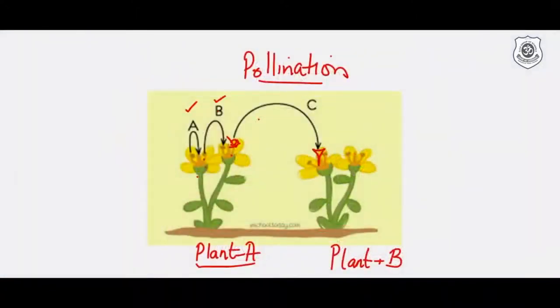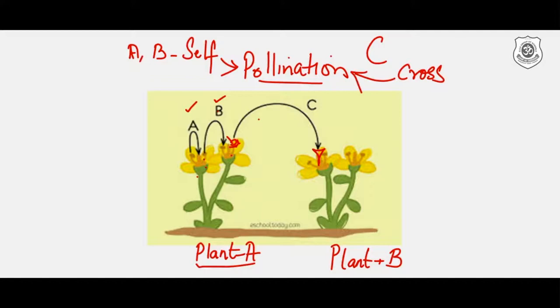I will call A and B self-pollination. So A and B are self-pollination. Now what's C? C is nothing but cross-pollination.